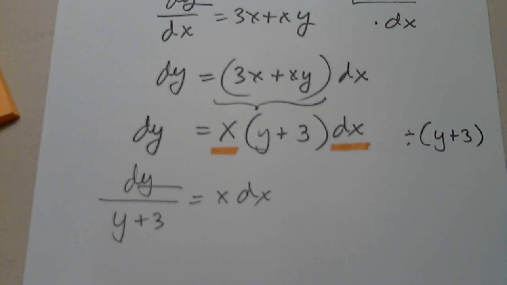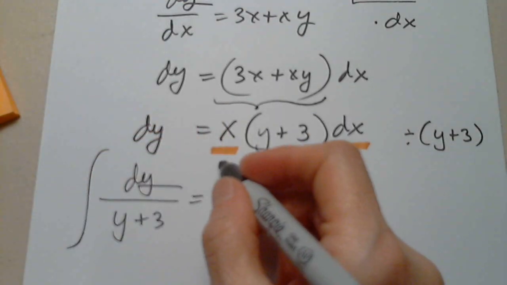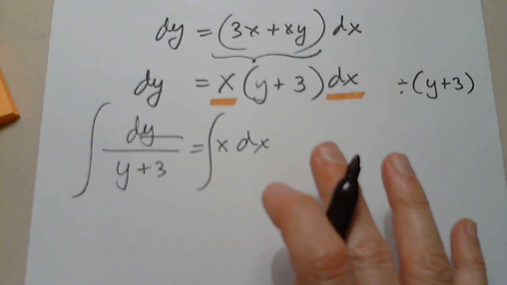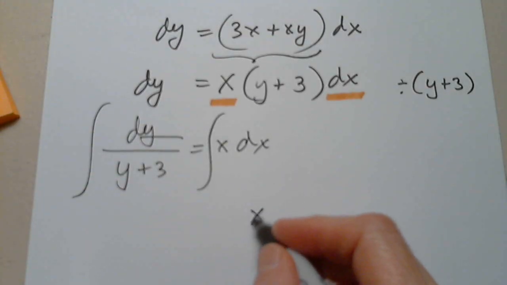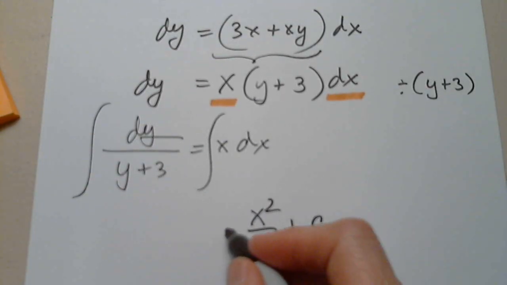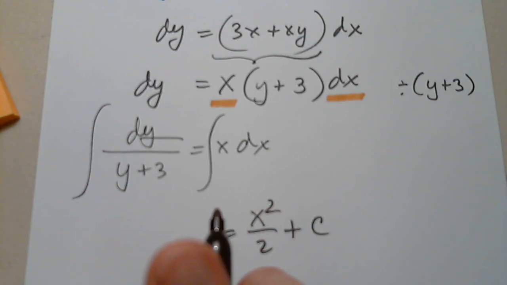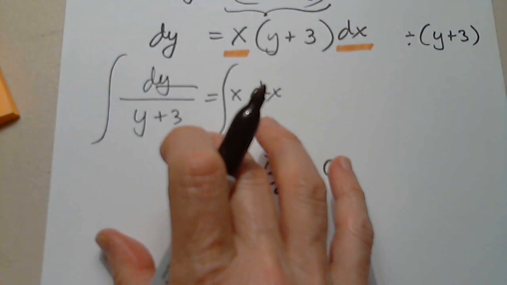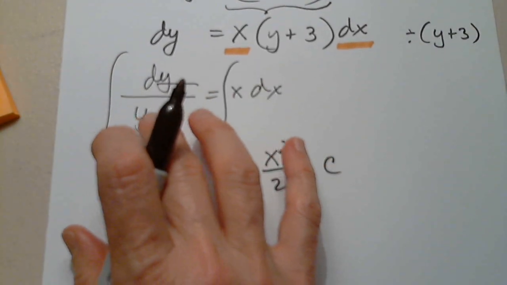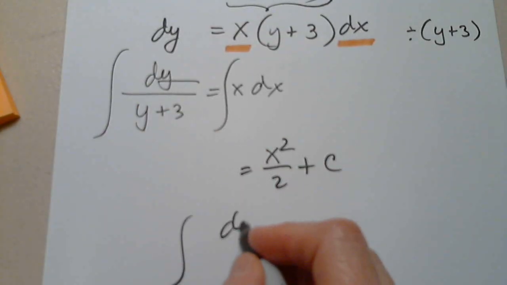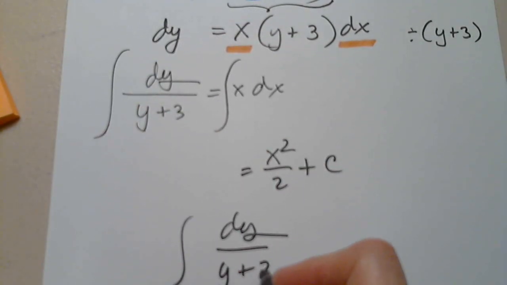They are. So therefore, the right-hand side is easy: x squared over 2 plus a constant c. I'm going to leave some space here. I will come back. But let's take dy over y plus 3.